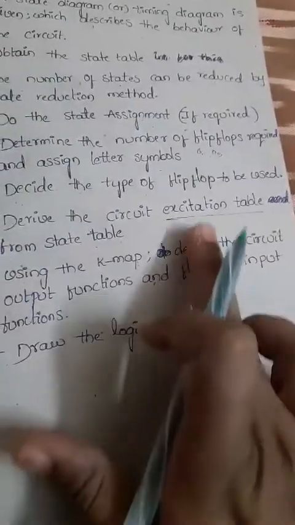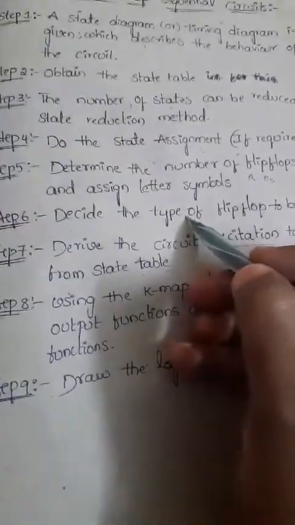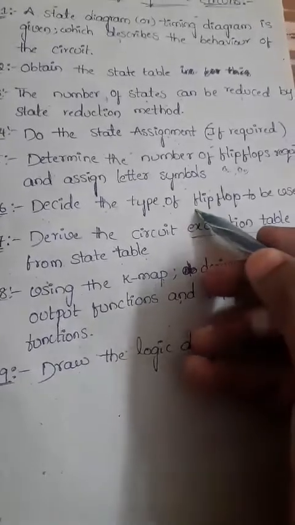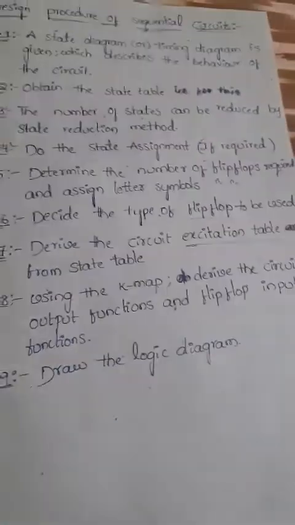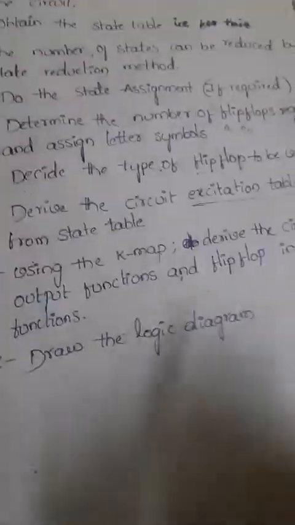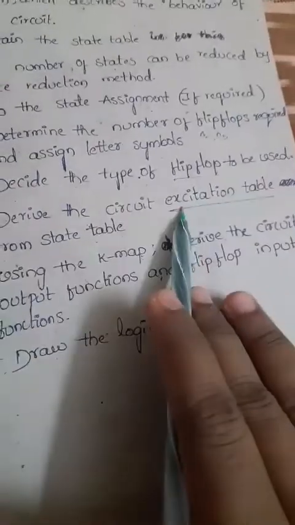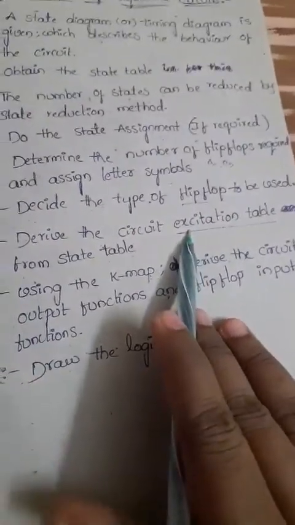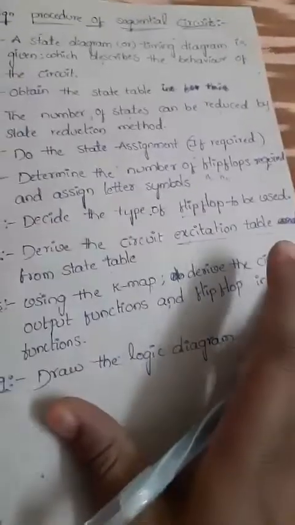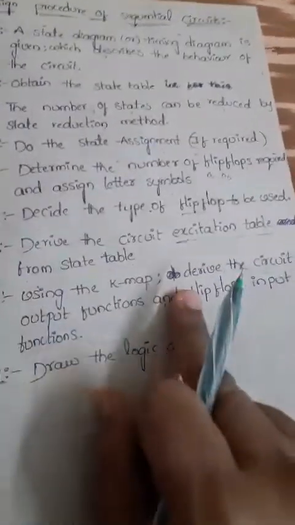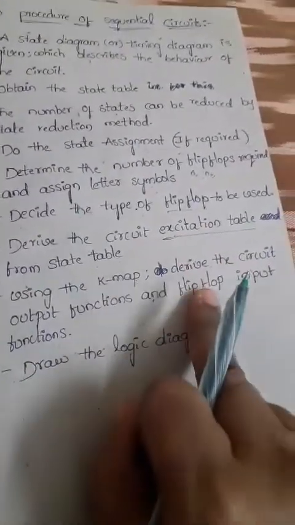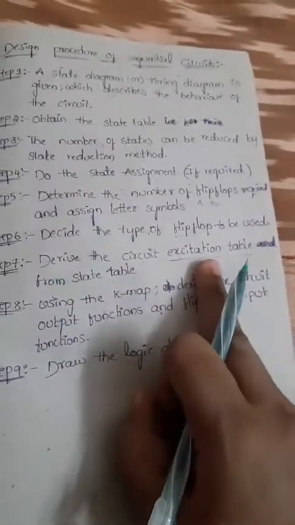In step 6 we already decided which flip-flop we are using. For example, if you are considering a JK flip-flop, you have to find the JK excitation table. With respect to the flip-flop you are using, you have to find the excitation table. Remember that one.